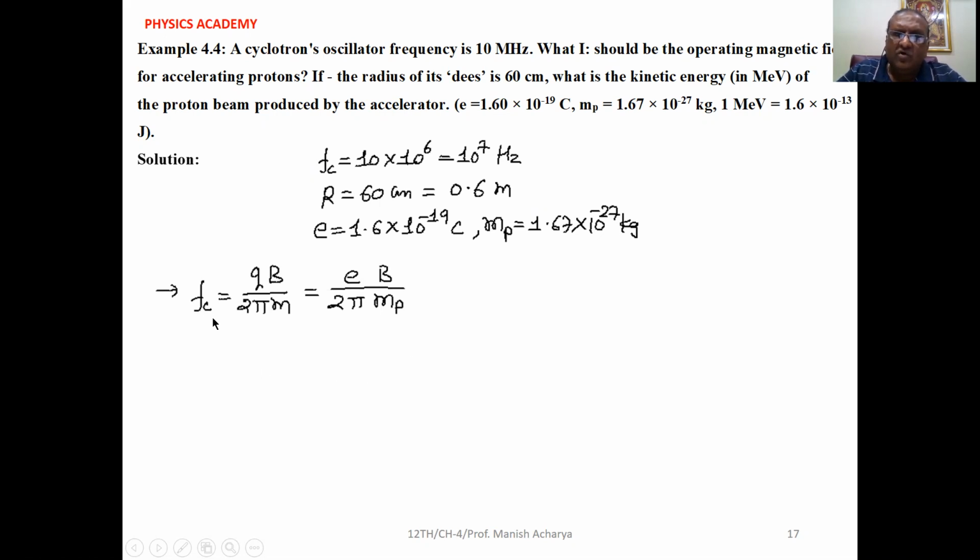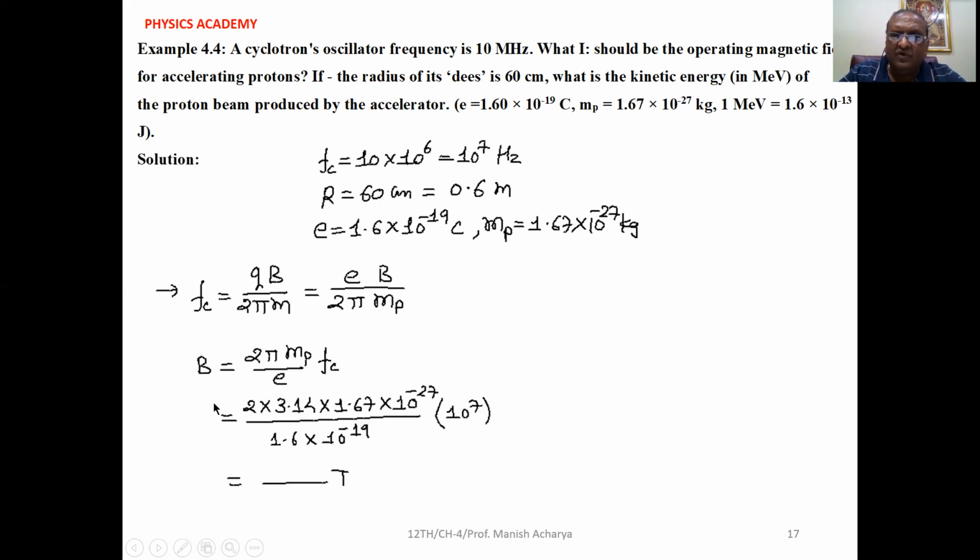Now the cyclotron frequency, that is qB upon 2 pi m. q is the charge of particle, so for proton e, and mass of proton, that is mp. So first of all we can calculate magnetic field from this equation. So we can write B equal to 2 pi mp upon e into fc.